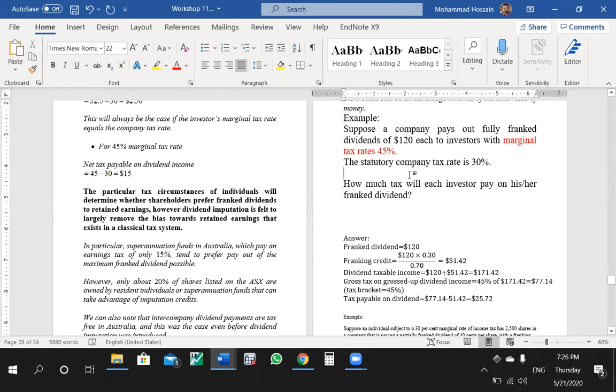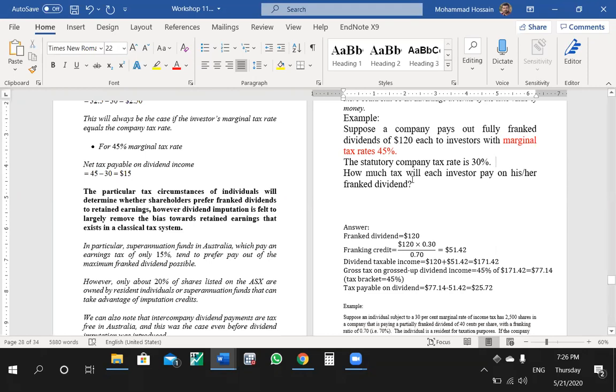It's very straightforward. We have to find out the gross amount, how much dividend has been paid, or how much franking credit has been provided. You can see 120 has been paid. So how much franking credit was there? Franking credit means how much money has been paid as tax.